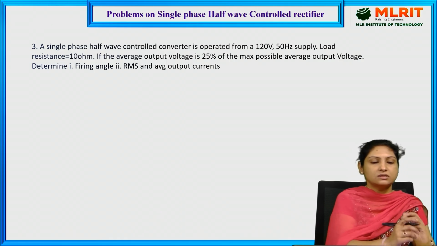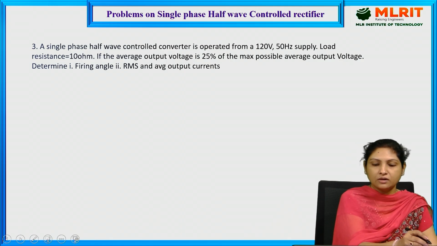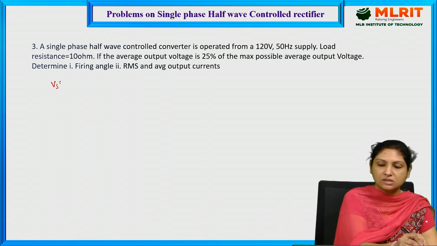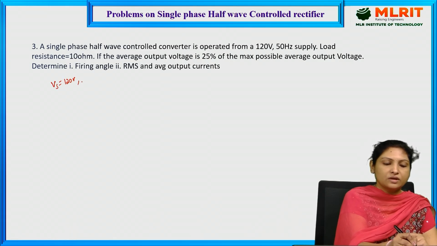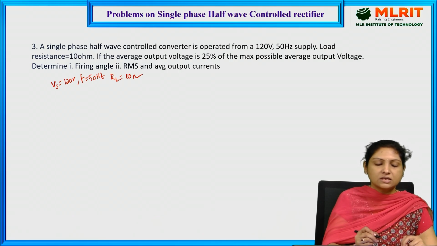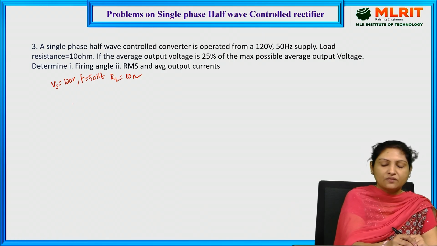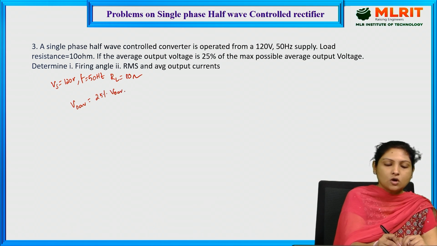So here, Vs is equal to 120 volts, frequency 50 Hz, load resistance is 10 ohm, and V0 average is 25% of the maximum possible average output voltage.